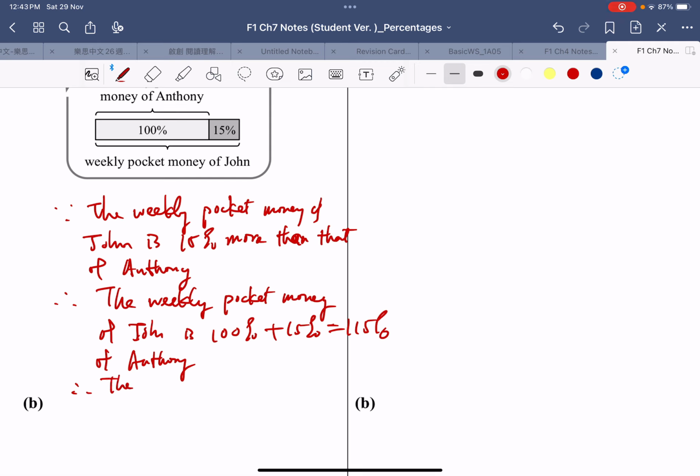Therefore, the required percentage is 115%.